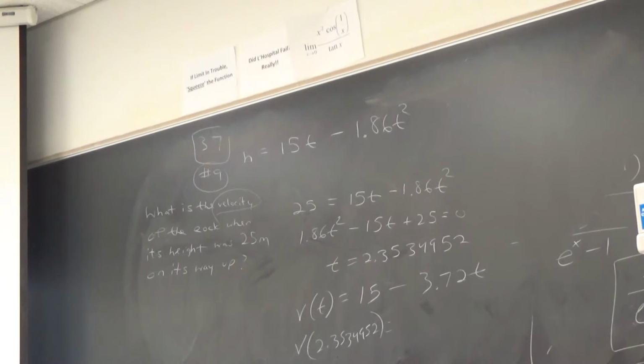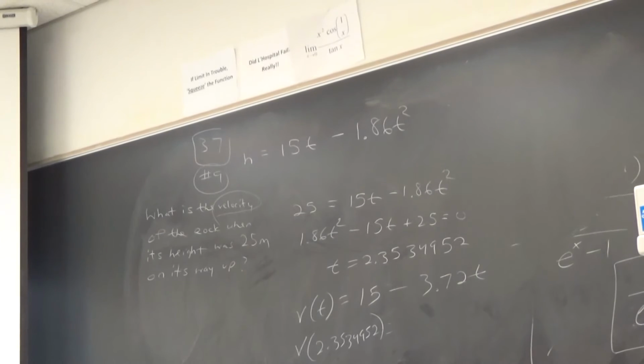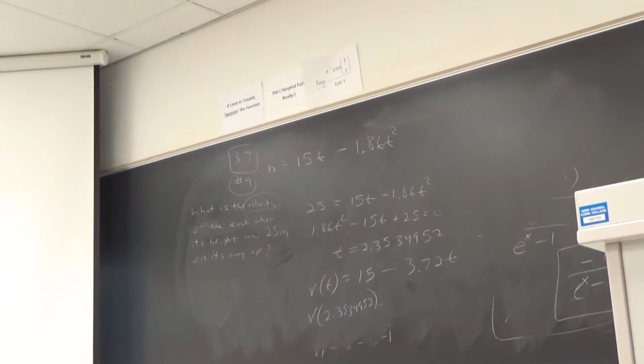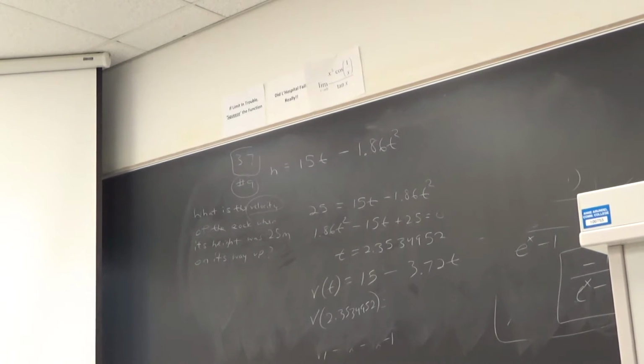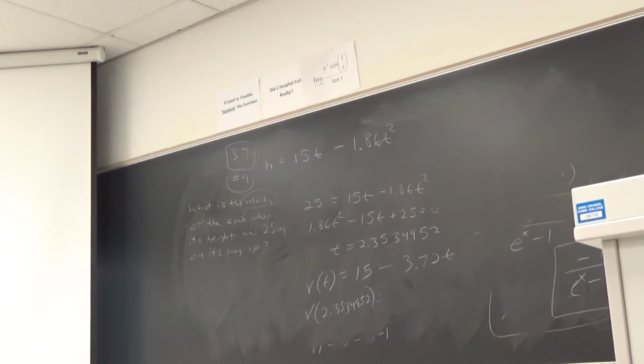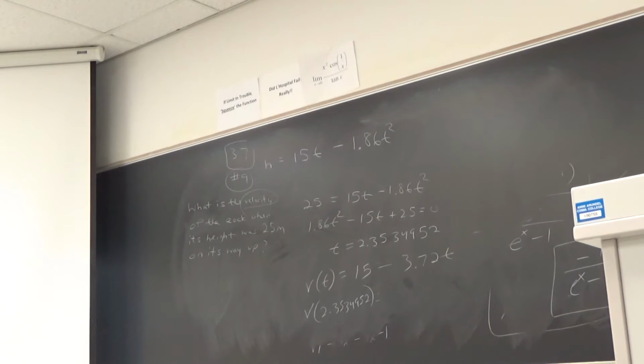Was X. I don't know if that'll work, but that means X was stored as something else. So I'm going to hit second arrow so we can go back in here. Let's put 2.3534952 manually this time. Right? Yeah. Oh, I know what we're doing wrong. It's not 18.6, it's 1.86.